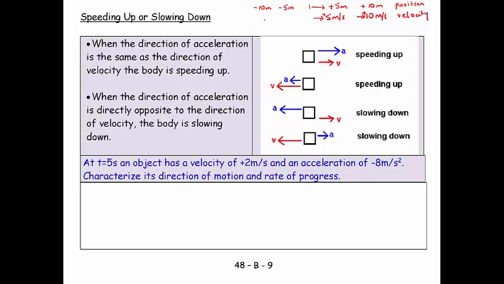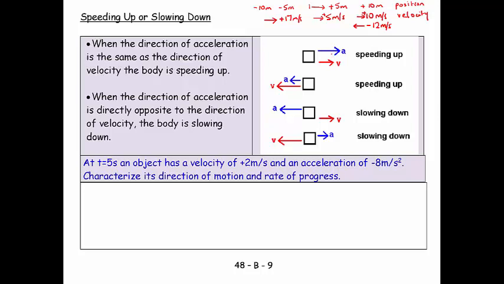I could be in a negative part of town and have plus 17 meters per second. I can be in a negative part of town and have a positive velocity if I'm traveling to the right. And I can be in a positive part of town and have a negative velocity if I'm traveling to the left.